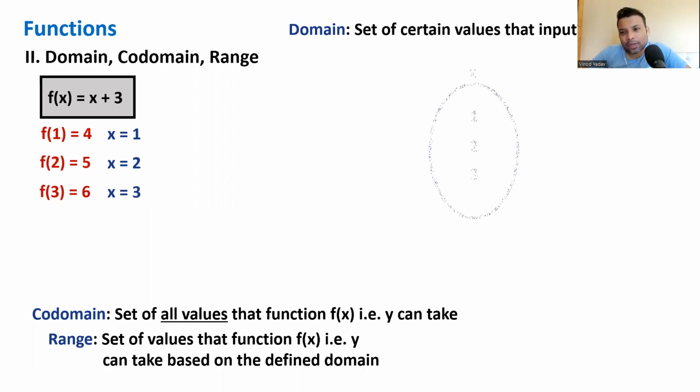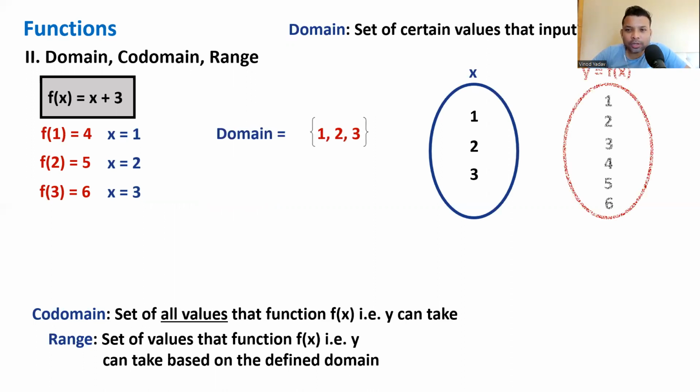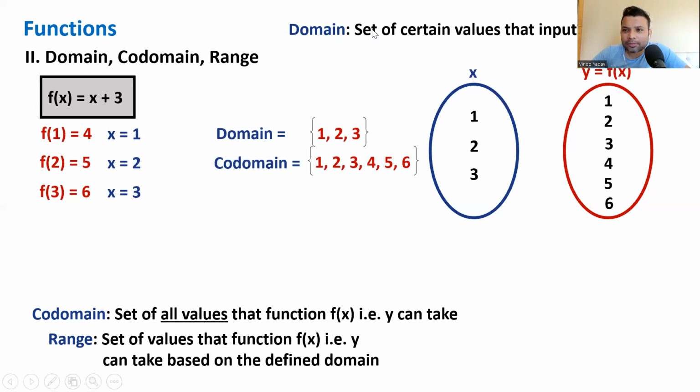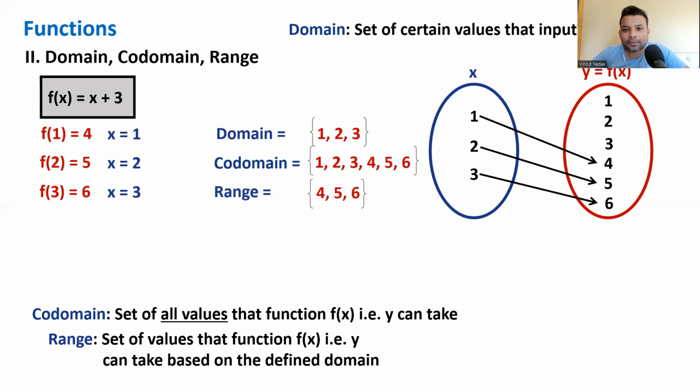You can represent it diagrammatically. So the domain is 1, 2, 3. Codomain is by default whatever set you decide, 1, 2, 3, 4, 5, 6 here. Range is only the images. So 1 goes to 4, 2 goes to 5, 3 goes to 6. So the range is 4, 5, 6. Codomain is the entire 1 to 6.